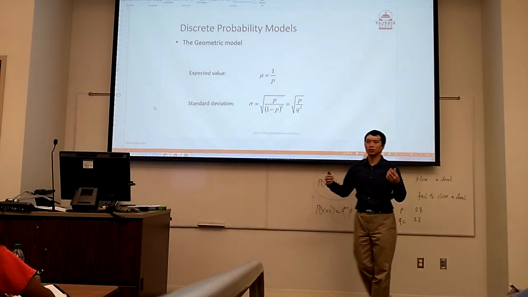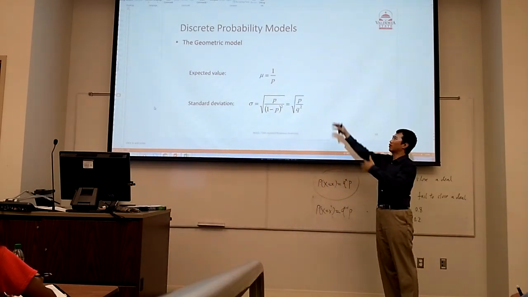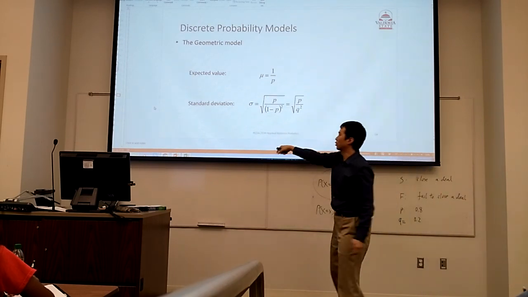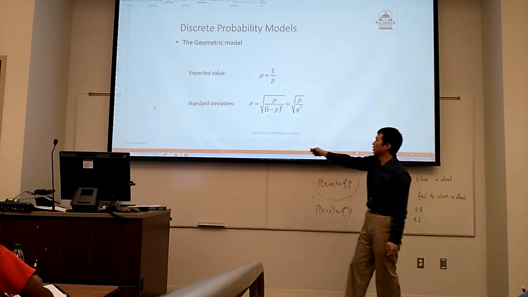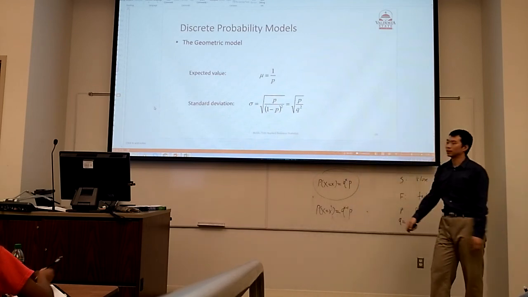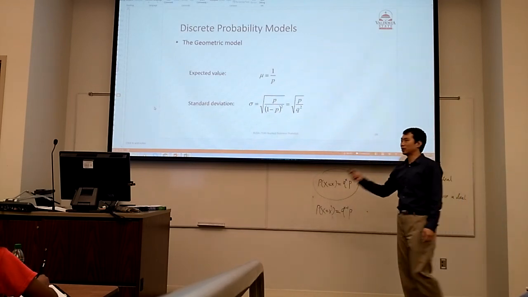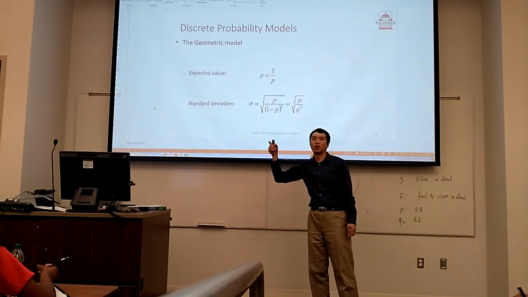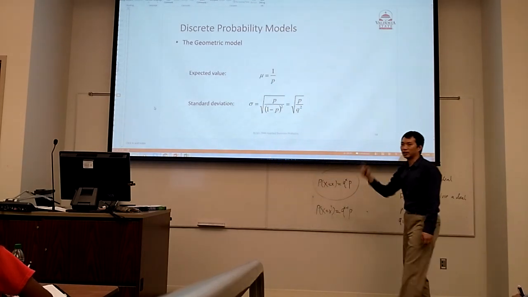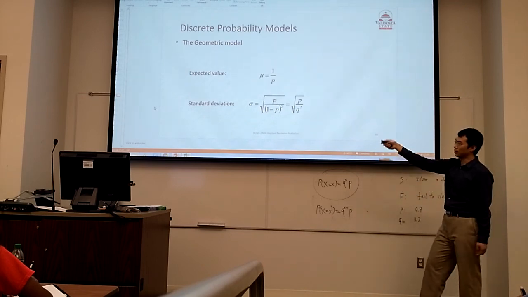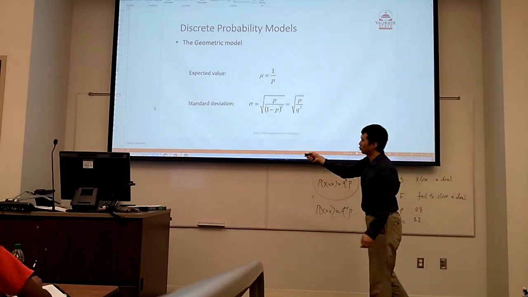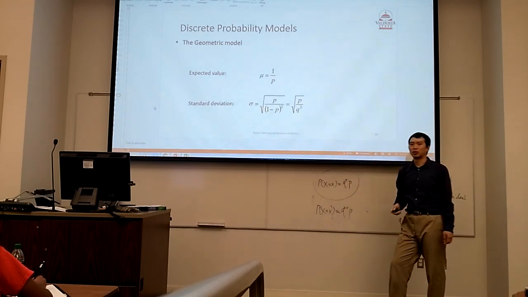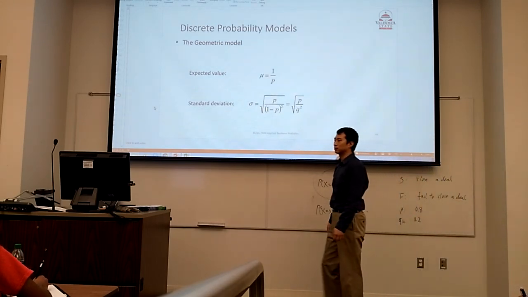We don't have to be able to derive those properties, but I need you to remember those properties: expected value and standard deviation. So given the parameters, the p and q, which is 1 minus p, you need to directly calculate what's the expected value and what is the standard deviation. So those are the properties for geometric model.